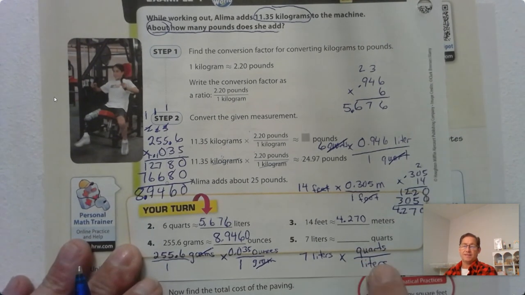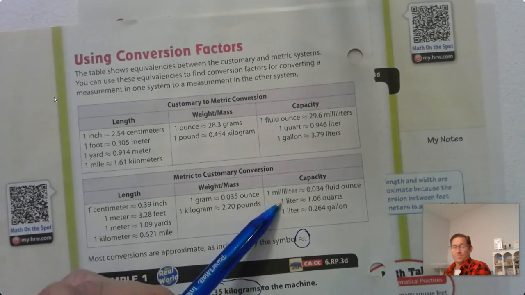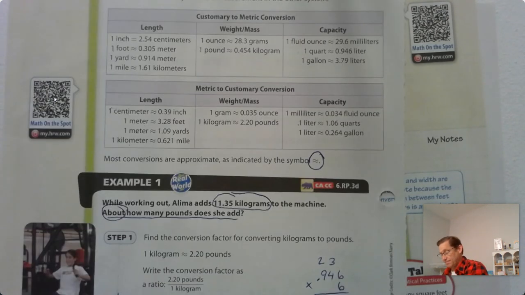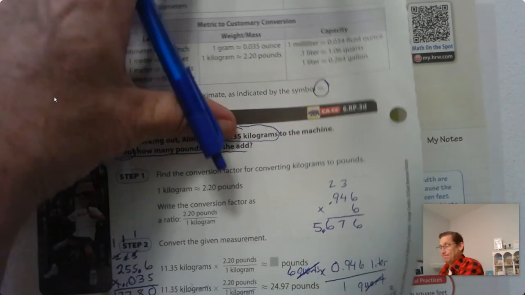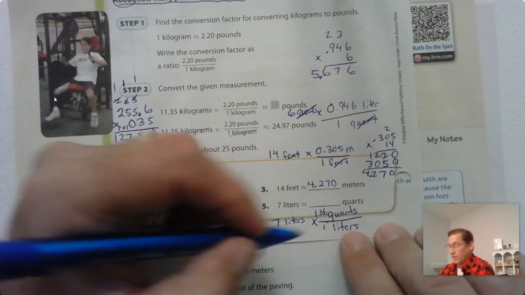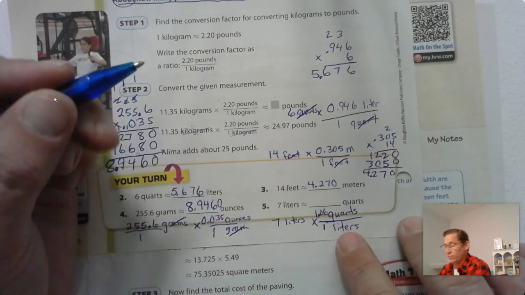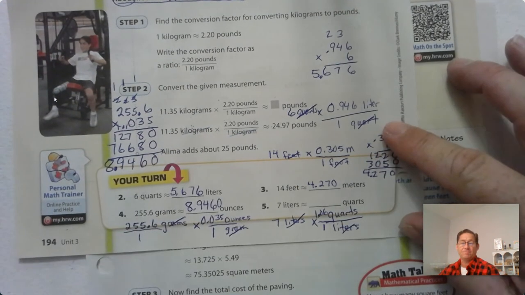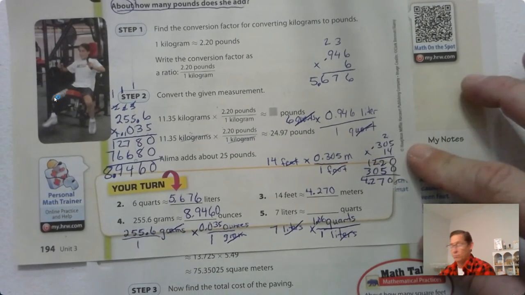I want the liters to cancel out, so find 1 liter. 1 liter is how many quarts? 1 liter is about 1.06 quarts. So that's almost a 1-to-1 relationship. So the conversion factor, 1.06 over 1 times 7. Again, the liters divide out, and we're left with 7 times 1.06.